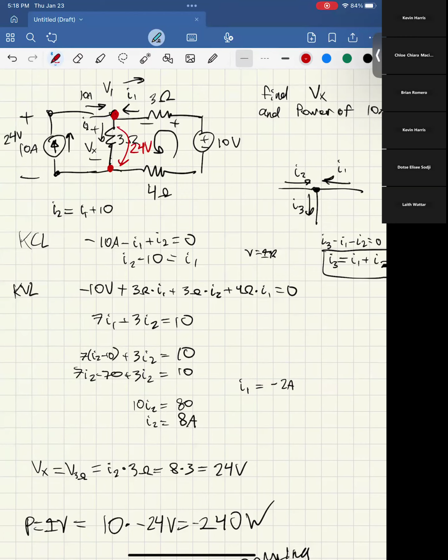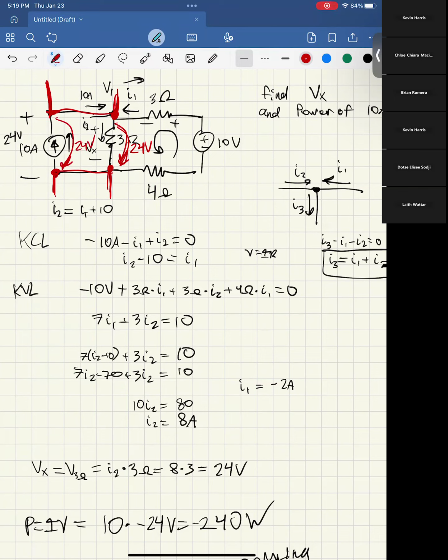This point is connected to this point by a wire, and this point is connected to this point by a wire. Wires have 0 voltage drop. So the voltage at this point is the exact same as the voltage at this point, and the voltage at this point is the exact same as the voltage at this point. So if we have a voltage drop of 24 volts here, then we also have the same voltage drop of 24 volts here.